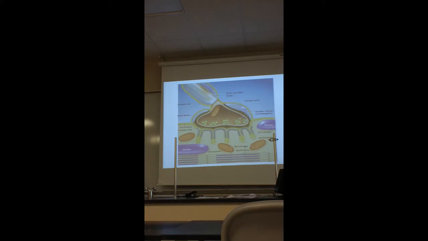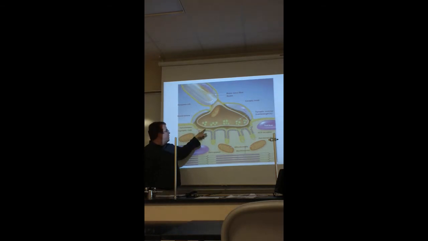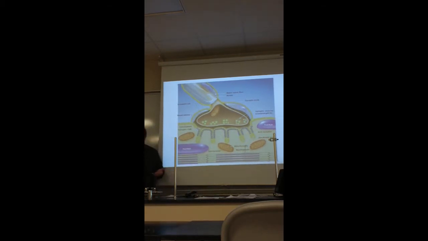What's going to happen? I'll give you the big picture first. These neurotransmitters will get released in this pocket right here. They're going to bind to this receptor right here. These receptors are the acetylcholine receptor. They bind acetylcholine.